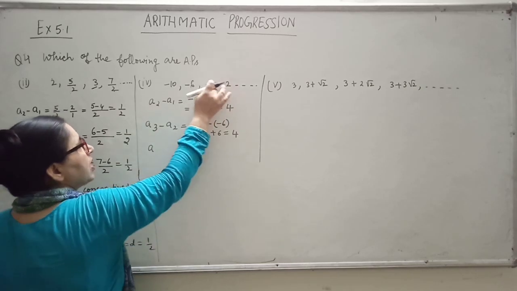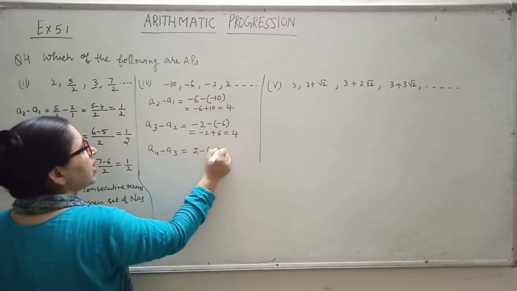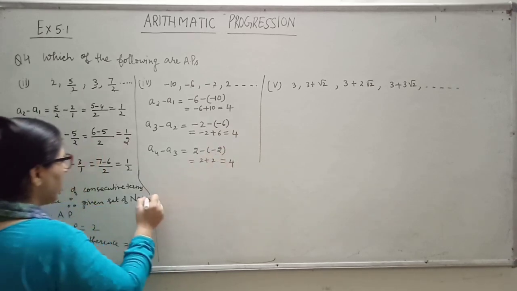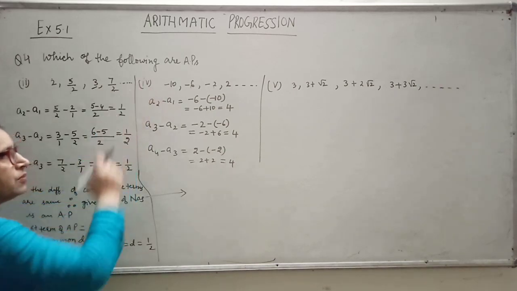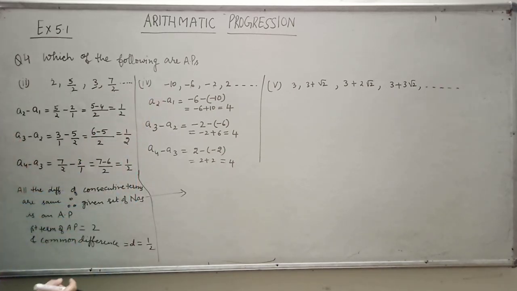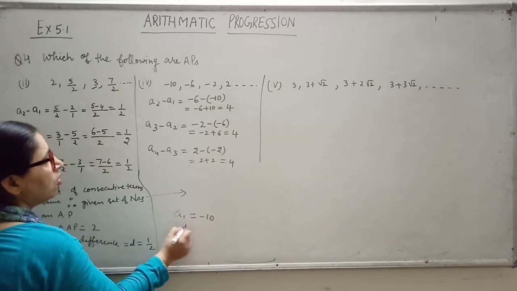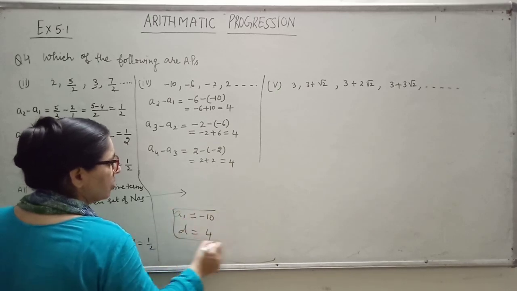Then A4 minus A3, this is 2 minus of minus 2, that is 2 plus 2, again 4. All the differences of the consecutive terms are the same. Therefore, the given set of numbers is an AP. Therefore, the first term is minus 10 and the common difference is whatever this difference has come out.